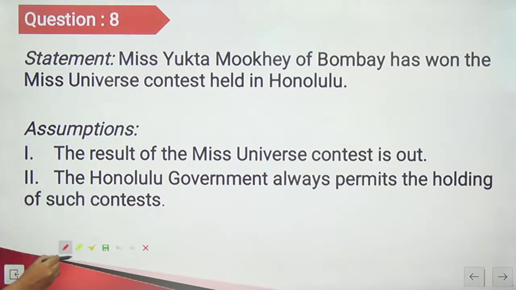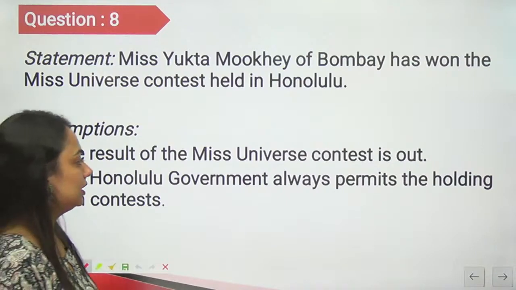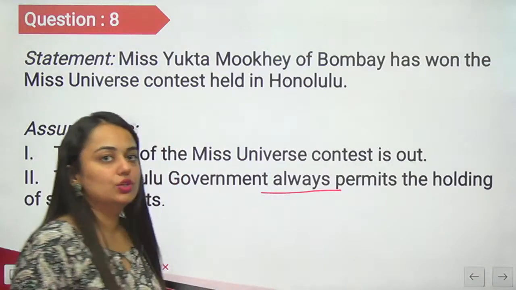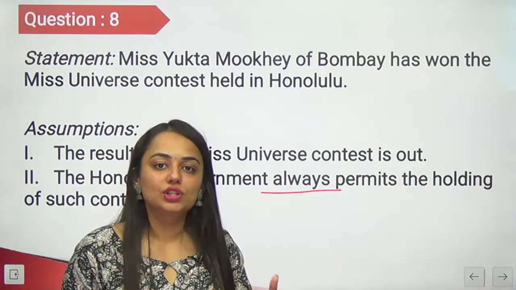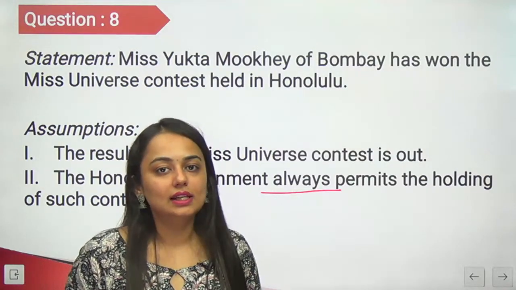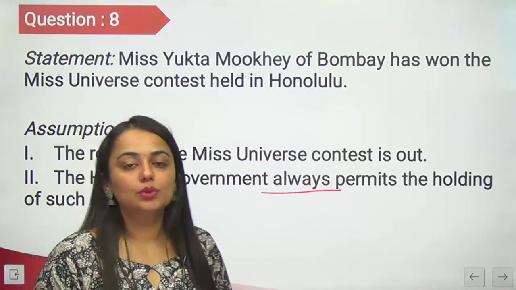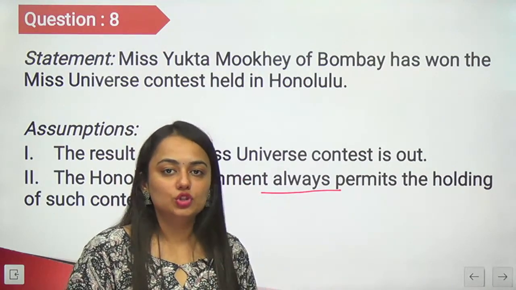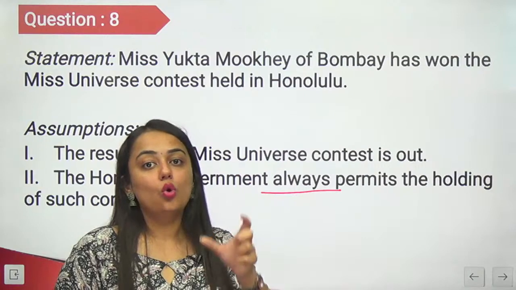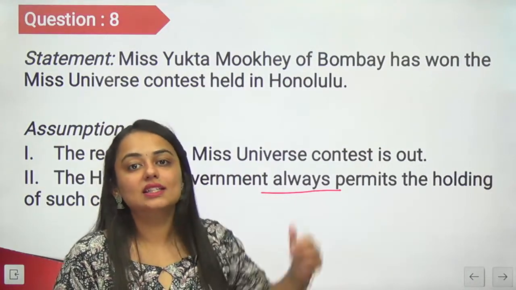So as I said earlier, we need to see the keywords. Here the keyword is always. So we will never go towards the extremes. We will never use the extreme words unless it is stated in the statement itself. If you remember in the previous question, a certain book was suggested for an exam and the word only was added with it in the statement itself.